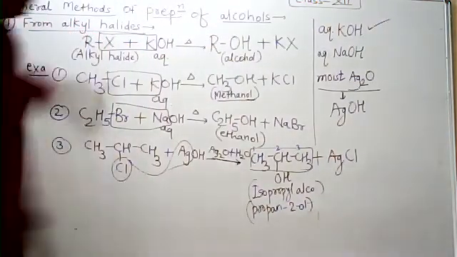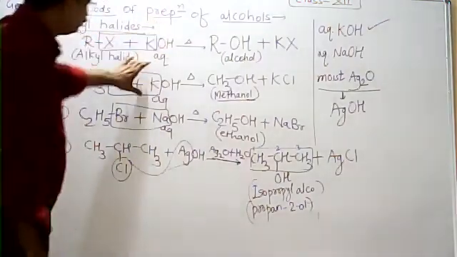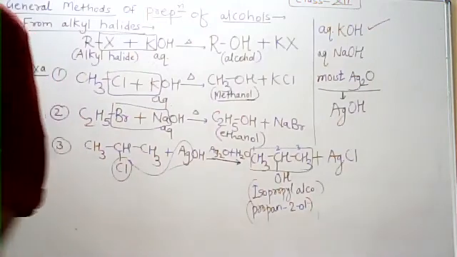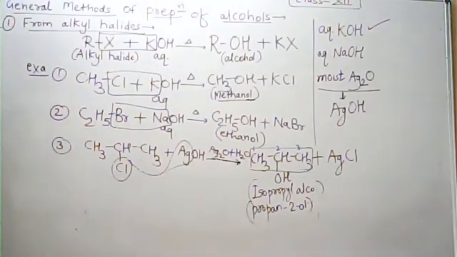So all these, aqueous KOH, aqueous NaOH and moist silver oxide, can be used to form the corresponding alcohol from the corresponding alkyl halides.